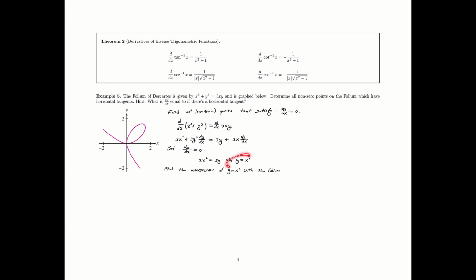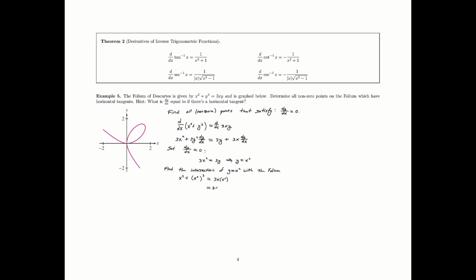But because this equation's solved for y, we could just replace the y's in the folium's equation with x squared and go from there. So that's what we'll do. We'll have x cubed plus y cubed, where we replace y with x squared, equals 3xy, so we'll replace that last y with an x squared.